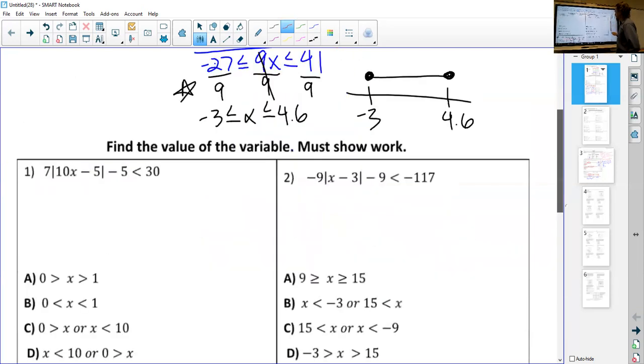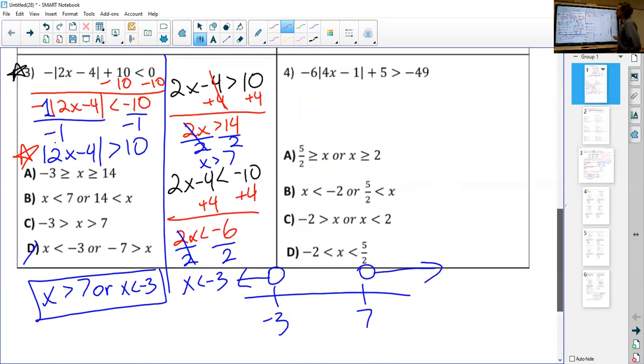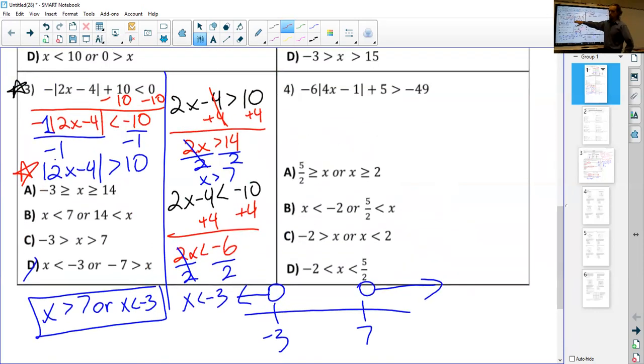So when we did number 3 here, as soon as we got to this point, we can eliminate these answer choices. It cannot be that. It has to be an or question. The same is true if this had ended up being a less than a number, then we would have crossed out the other choices.